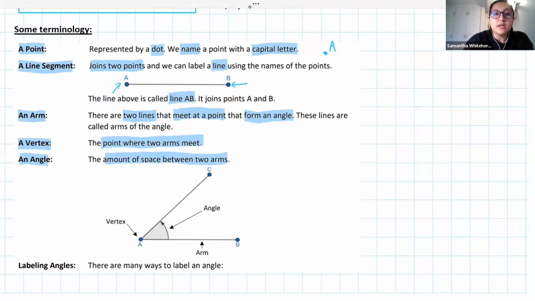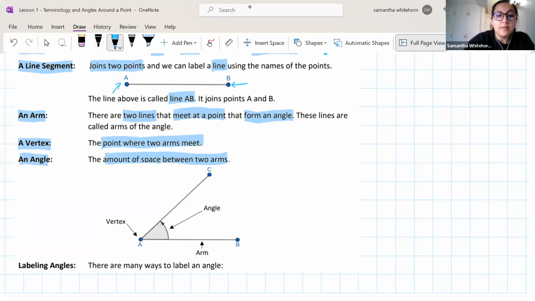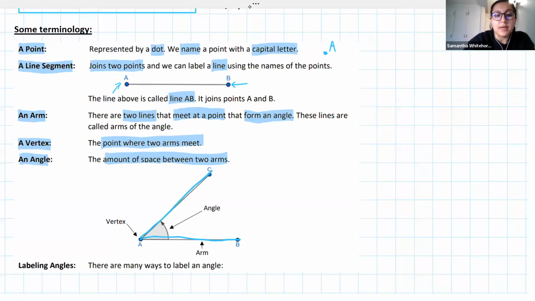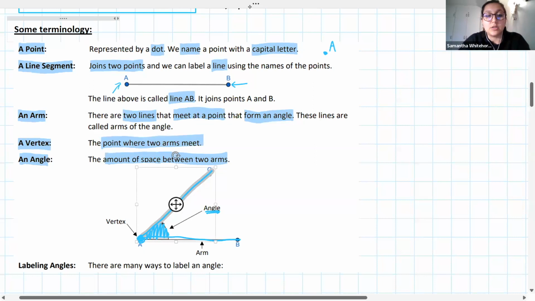So again, if we look at our diagram down below, arm AC, arm AB, all coming from a common vertex A, the amount of space between those arms is called our angle. And like I say, this is the foundation of the geometry that we are going to focus on in maths: angles and the line segments that create them.